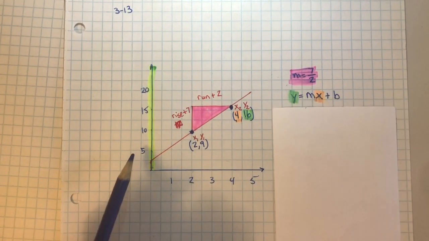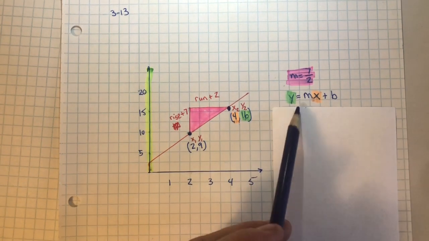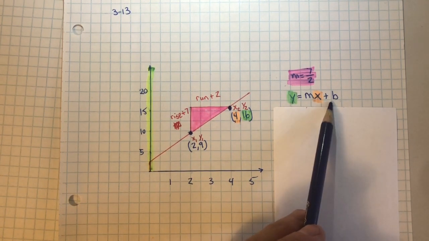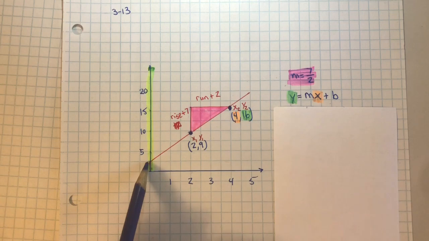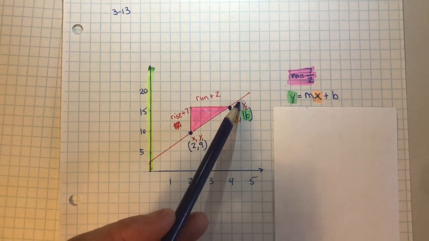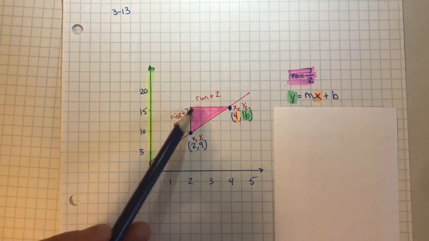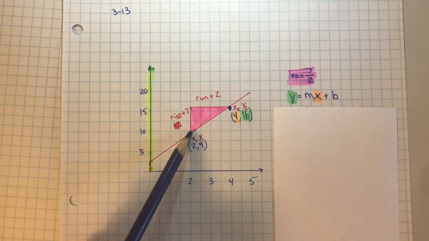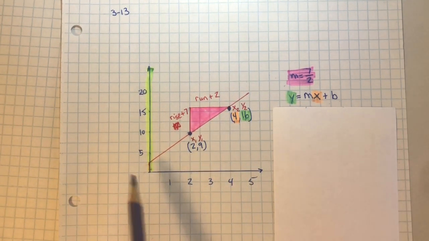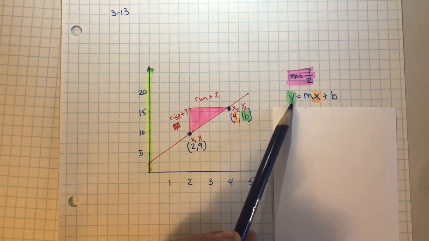Now I need to come up with the equation in slope-intercept form, y equals mx plus b. I know it's a linear equation because any 2 points will create a line, and it has a constant rate of change of 7 over 2. That's why I'm using slope-intercept form.